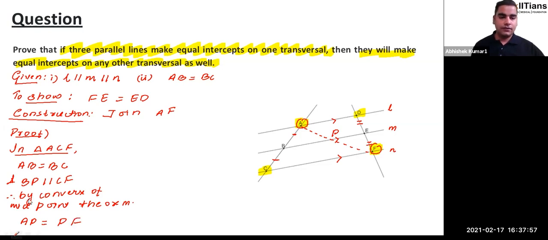This is your result number 1: AP equals PF. Understood? That's your first result. We applied the converse of the midpoint theorem first in triangle ACF, because we were already given that B is a midpoint of AC and we know that BP is parallel to CF. So by the converse of the midpoint theorem, AP is the same as PF.